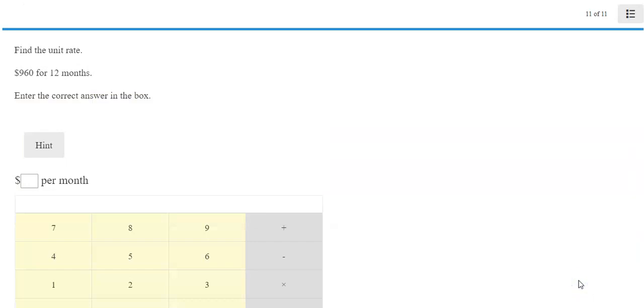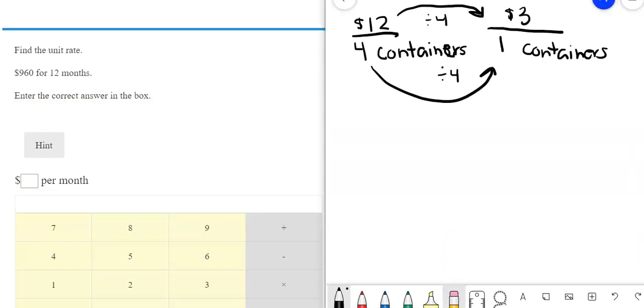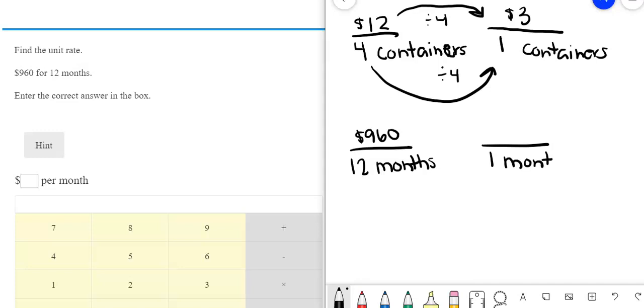And number 11, we're finding the unit rate. This gets us a little bigger. We have 960 dollars for 12 months. Remember unit rate, that means we need to get 1 on the bottom. To turn 12 into 1, we're dividing by 12.